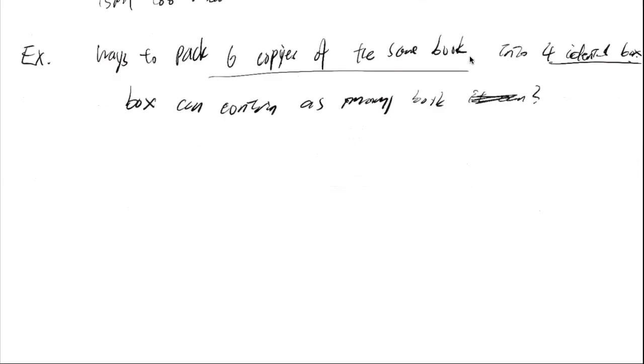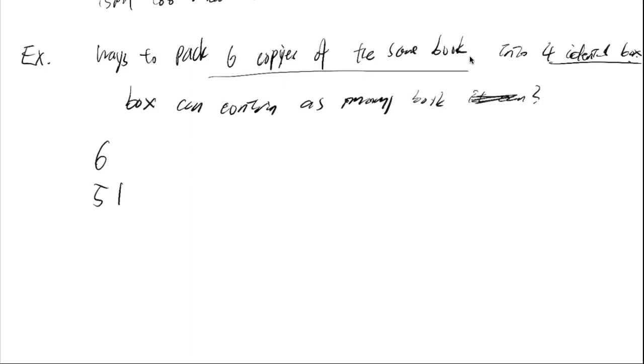So the way we do that is just count. You don't need to think about anything, just count directly. But there's a smarter way to count. First you can put all 6 books in the first box and leave the others empty. And then you can put 5 and 1, because if you put it in the first box and second box, it's the same thing as putting into the third box and fourth box, because essentially the boxes are the same.